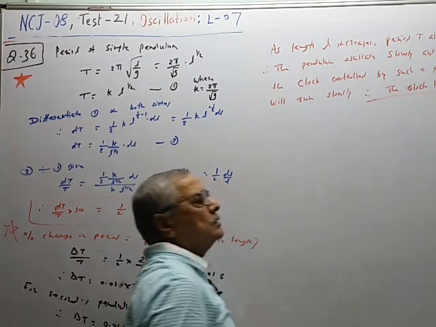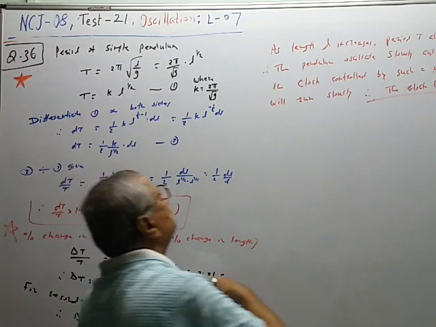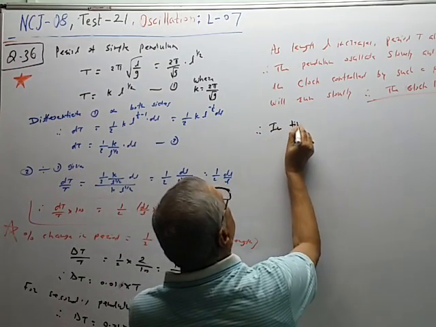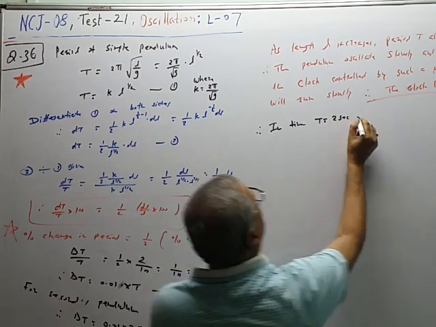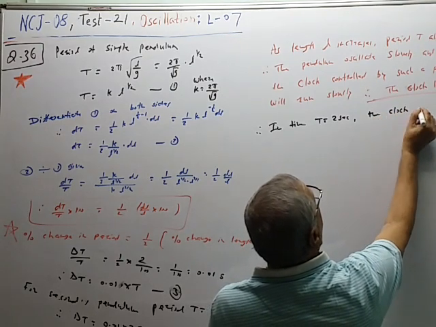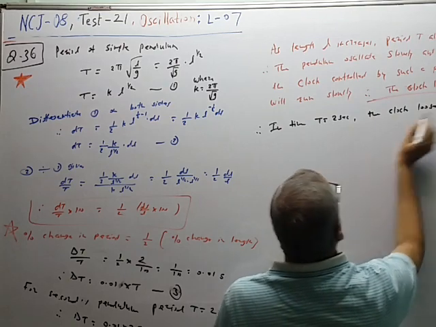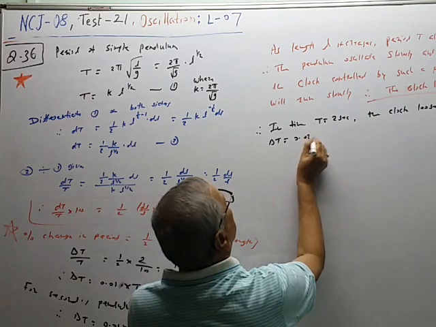So why does the clock lose? This is the reason. So in time T is equal to 2 seconds, the clock loses by delta T is equal to 0.02 seconds.